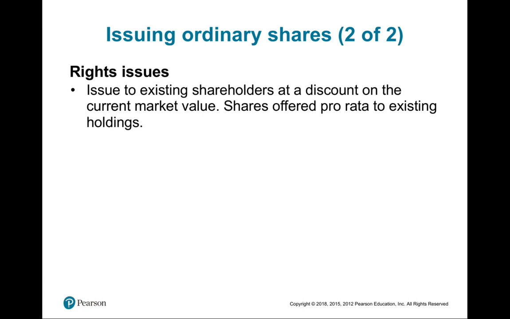So the thought is, if a business has already obtained a stock exchange listing, it's got quite widespread ownership, and it decides it wants to raise some more cash or finance to fund a future investment opportunity, and it takes a decision that it wants to issue new shares to do that, there is a contractual and legal obligation that they have to ask the existing shareholders first if they want to buy some new shares.